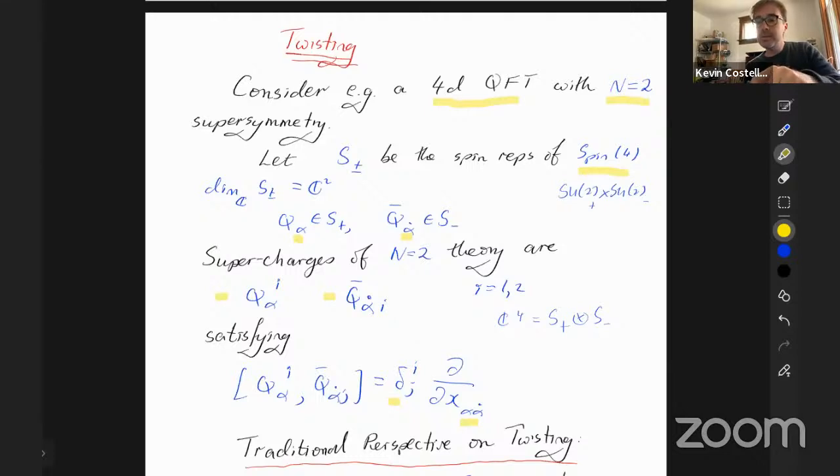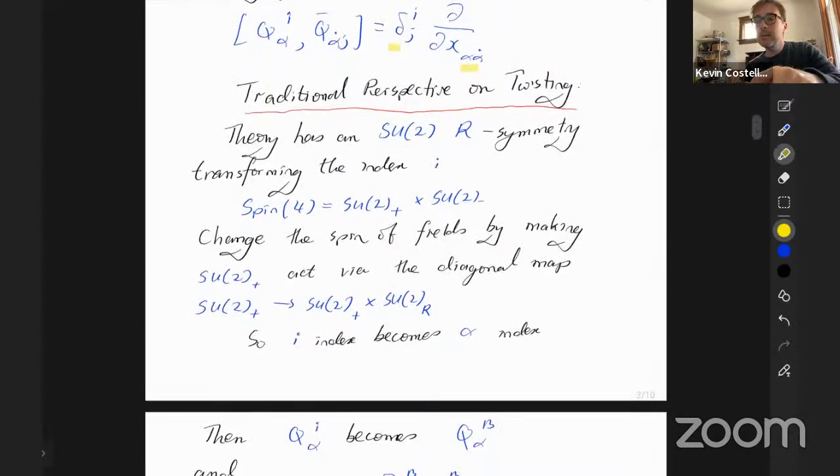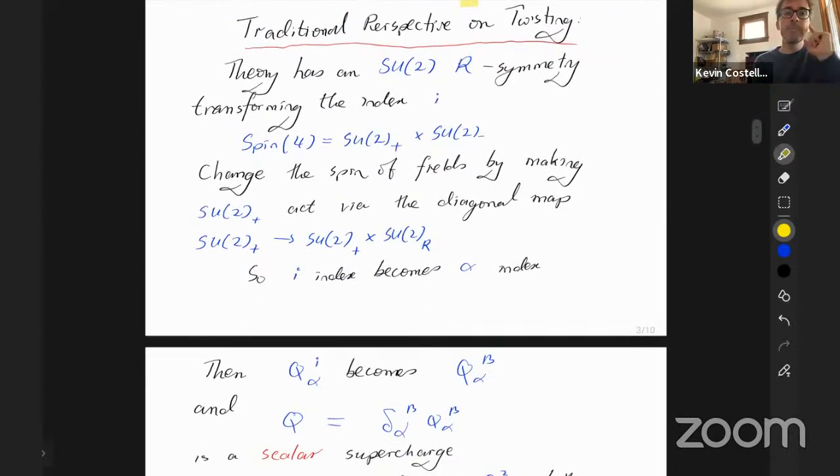Okay, so what does it mean to twist? If I have a theory with N=2 supersymmetry, I have two pairs of supercharges with this extra index I. The superalgebra has a symmetry rotating that index. It's an SU(2) symmetry called the R-symmetry. We're going to assume that our field theory also has this symmetry.